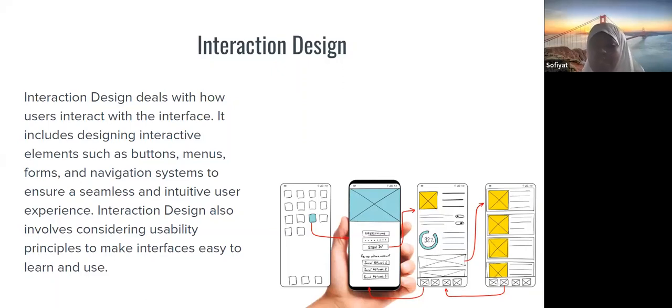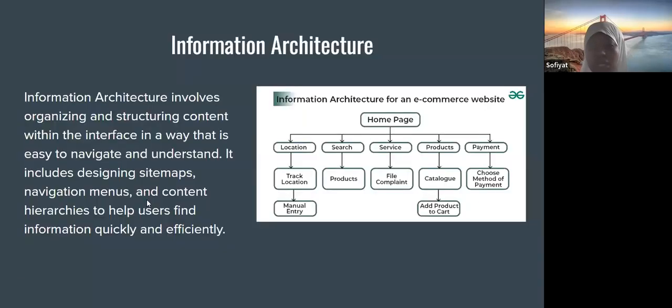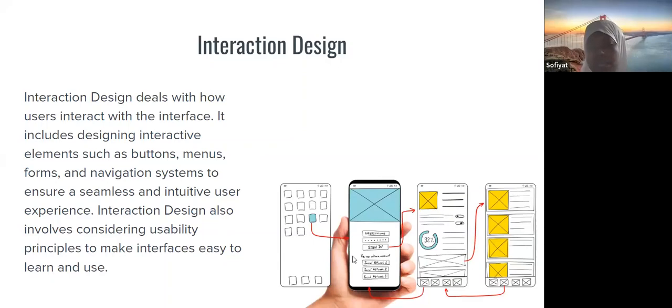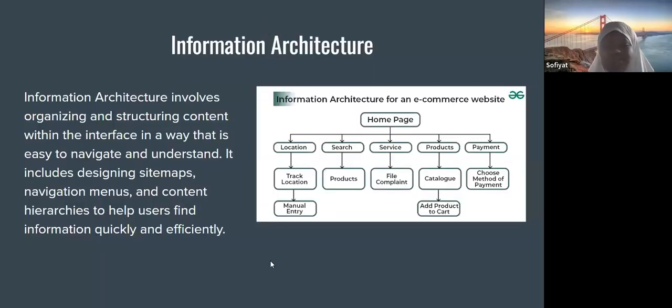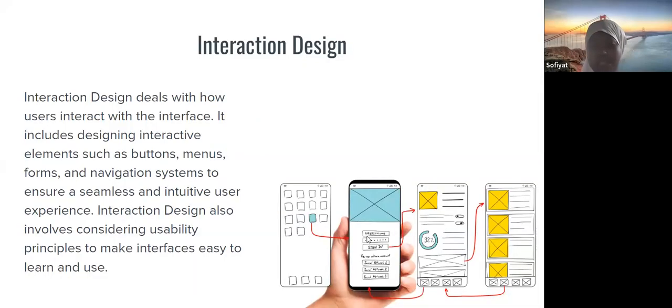So now if I click on a particular button, and it's not going where I want it to go, that means the interaction did not work very well for me.